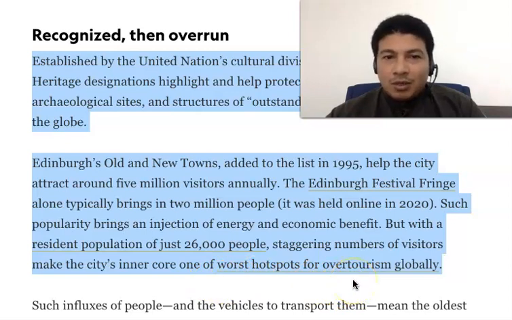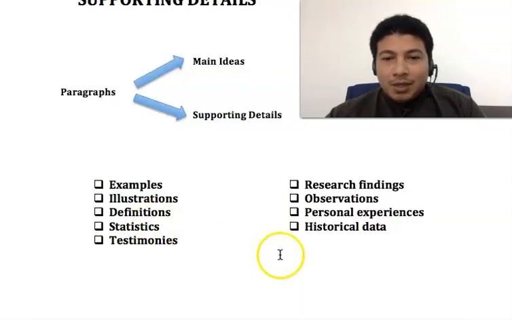So this is what we call supporting details: observations, or personal experiences. That is how you can find supporting details in a writing.